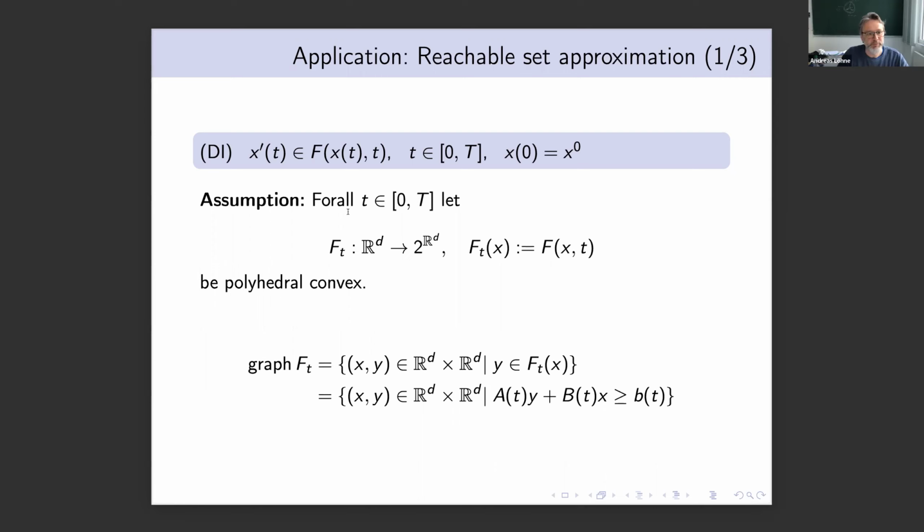You mean non-polyhedral inclusions here? Yeah, or let's say something that depends on the space parameter in a non-trivial way. So let's say in a linear way, where the x plays a role as well.